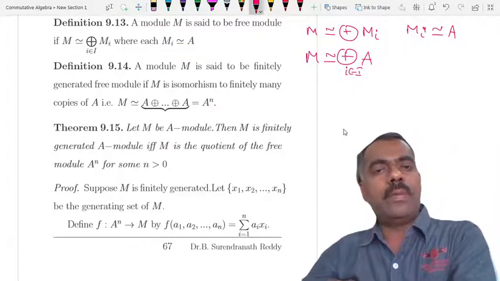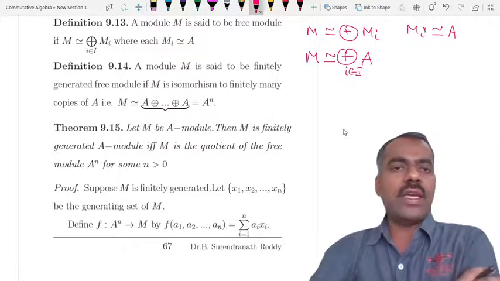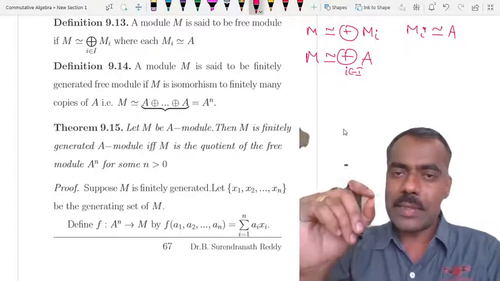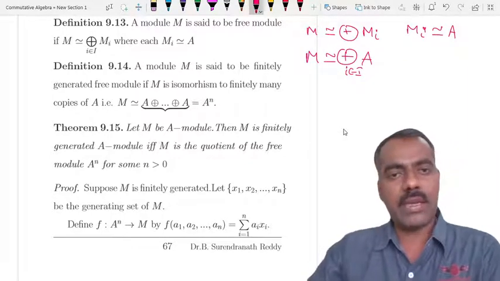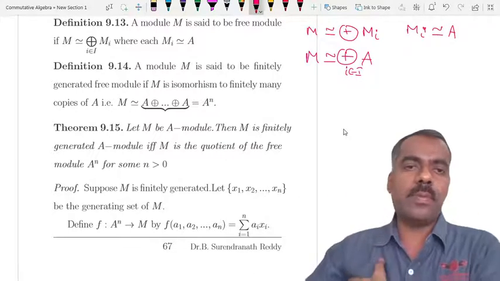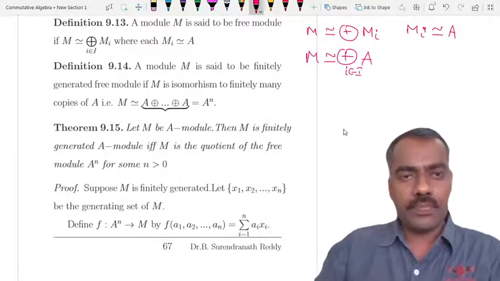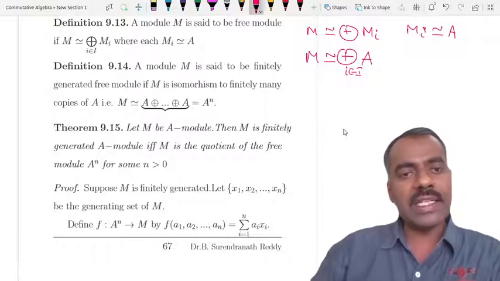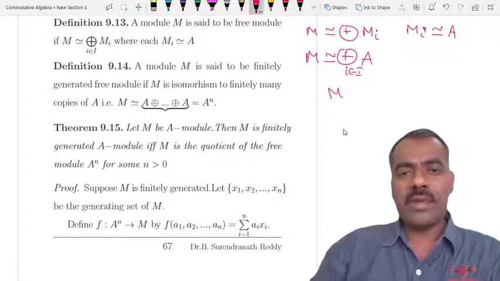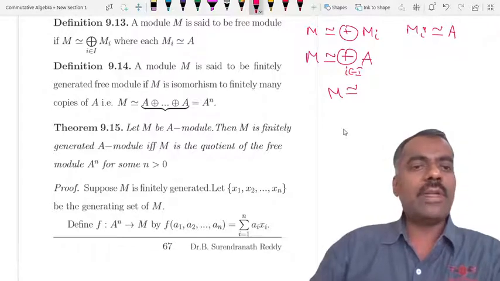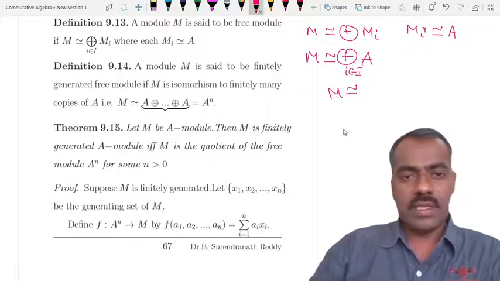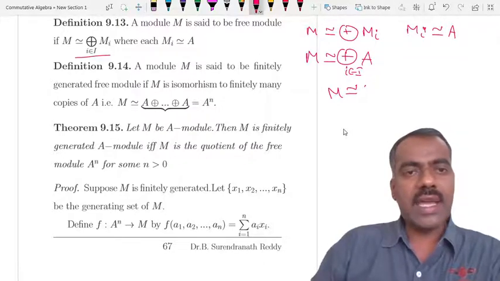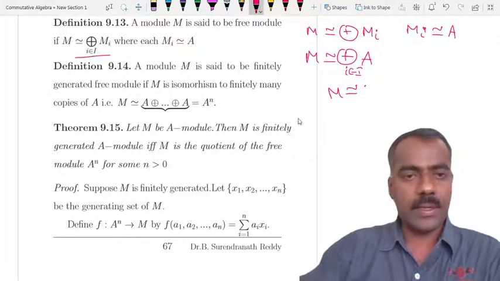Then a module M is said to be a finitely generated free module if M is isomorphic to finitely many copies of A. The only difference between this one and the previous one is that I should be a finite set, that's all.